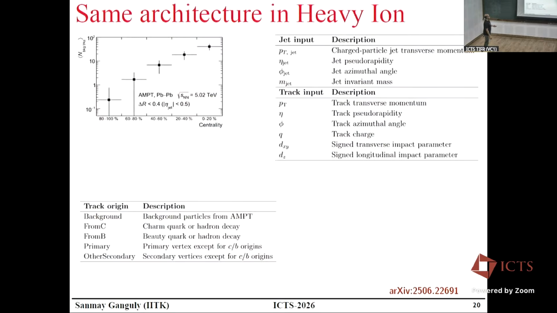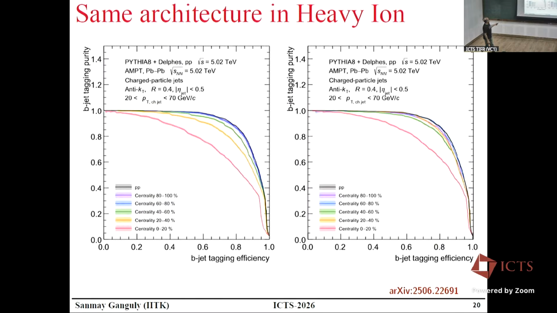Okay. Great. Now, people of heavy ion took the same architecture which we had taken and applied it. Here, in some simulation of AMPT, which you know better than I do, for different amounts of centrality, they applied heavy flavor tagging within the heavy ion collision scenario, trying to identify heavy flavor.